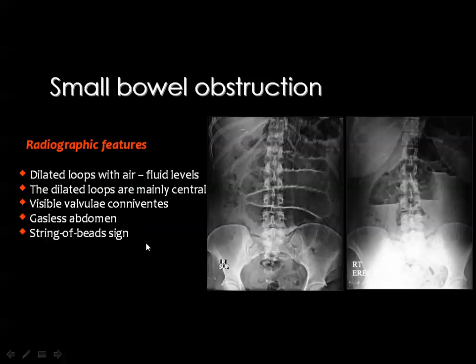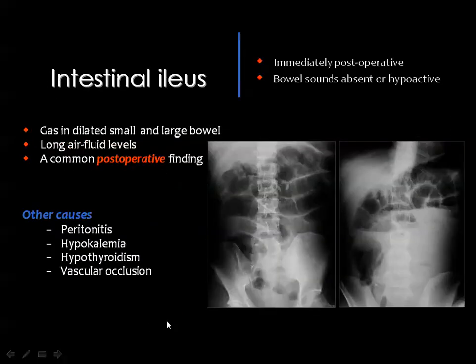Sometimes you can see the string of beads sign, meaning that in the erect film you see only some of the air which is trapped between the valvulae conniventes, giving this particular sign. And this is an intestinal obstruction. This is the supine film, and this is the erect film, which shows multiple air fluid levels.